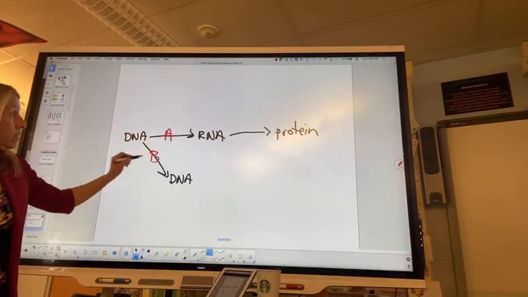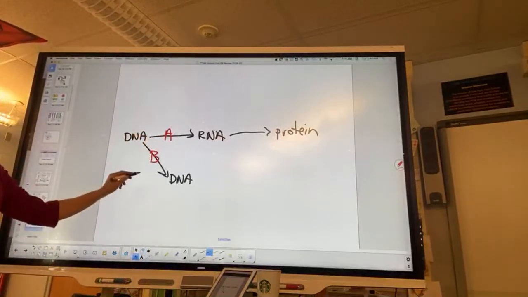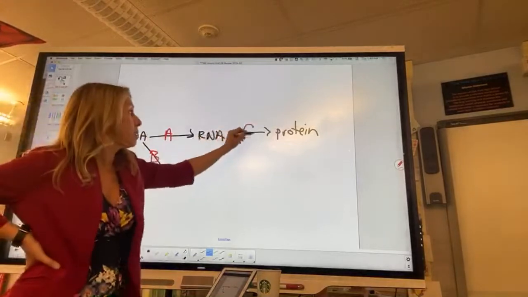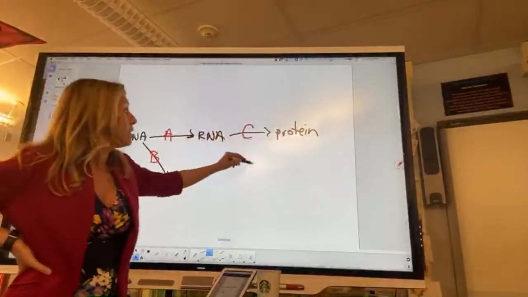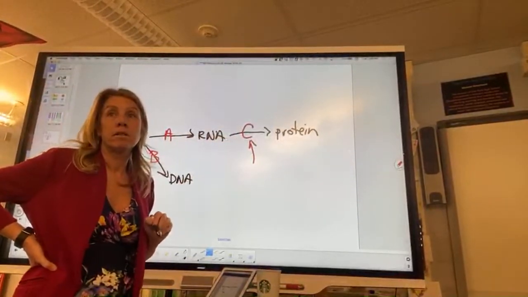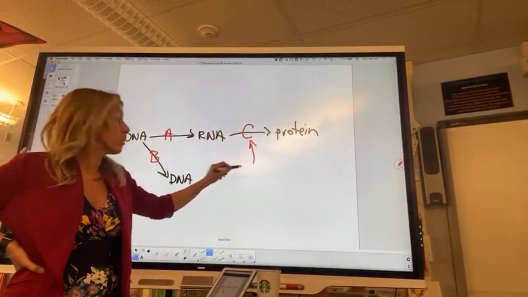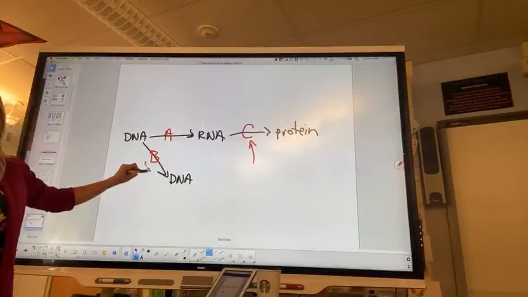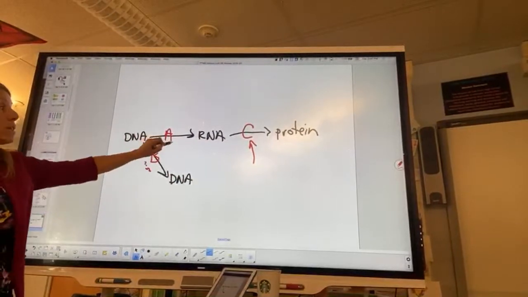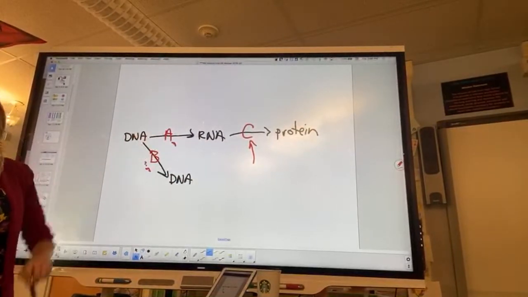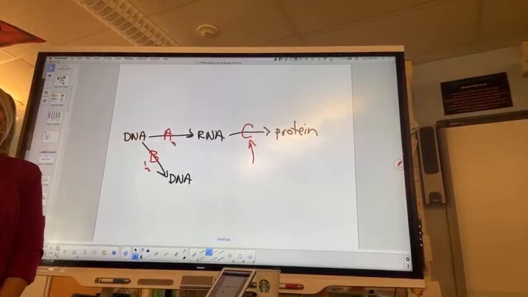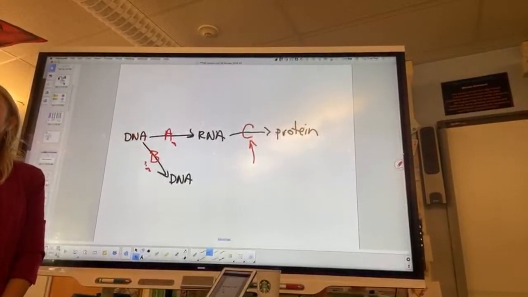What would this be called? Semi-conservative replication. What would this be called? Translation. Where would this take place? On the ribosome, right? Where would this take place? In the nucleus. Where would this take place? In the nucleus. Yes. Shh, I can't hear.